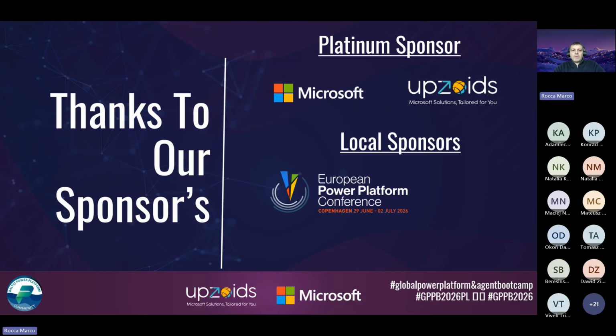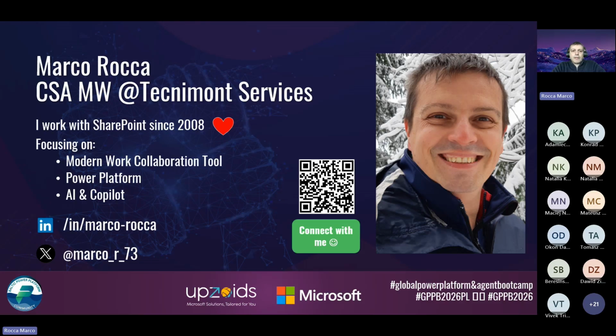A few words about me. My name is Marco Rocca, and I'm a cloud solution architect in the modern workplace domain. I left Microsoft 4 months ago, and now I work at Tecnimont Services, the IT department of a very big company in the oil and chemical sector in Italy.